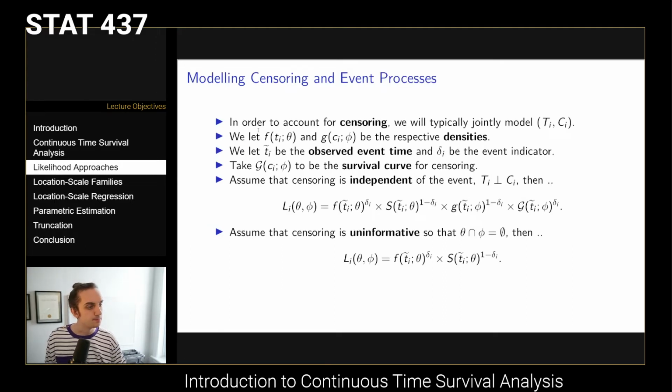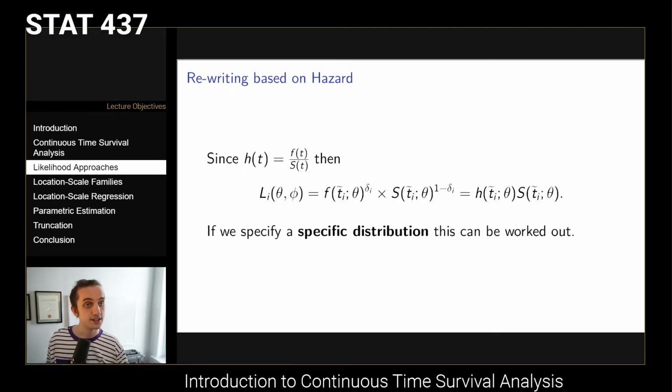But with this, we have our full likelihood, and it's going to be based on our density and our survivor function. But if you recall, we have this nice relationship with our hazard function, right? So the hazard is equal to the ratio of the density to the survivor function. And so we can use that to rewrite the likelihood contribution in terms of our hazard function and our survivor function. The hazard function should actually have an exponent on it here.